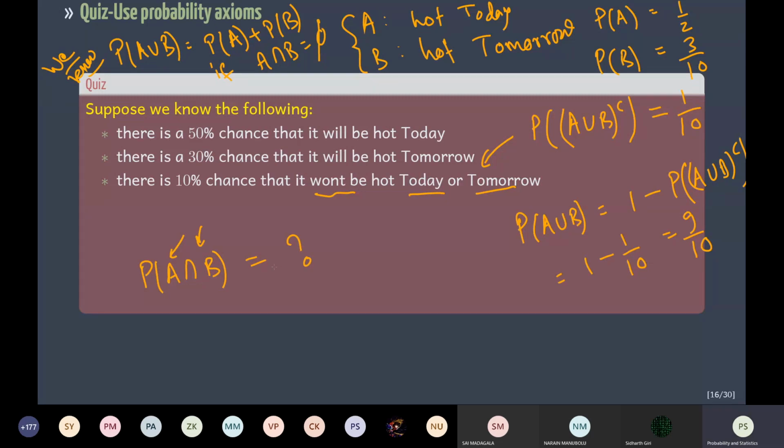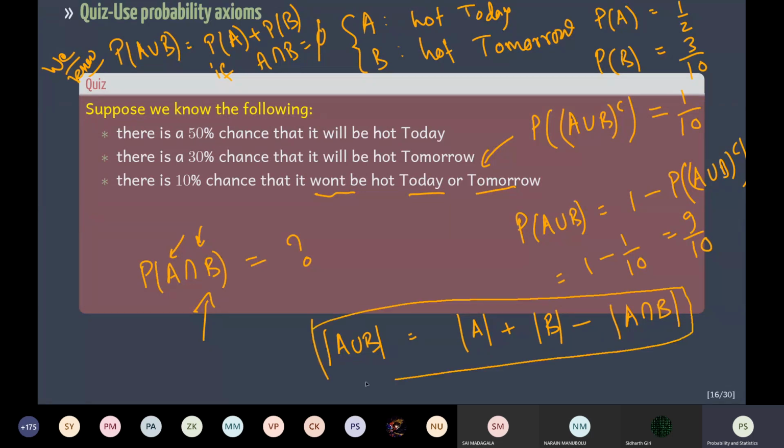So what will this be? Okay, so we are leading to this. I have not told you what this would be, but we want to tackle problems like this. From set theory, you can guess the usual case: for A union B, the cardinality is the cardinality of A plus the cardinality of B minus the cardinality of A intersection B. This is what we know from set theory, and in probability you have the same thing, you just add P here.